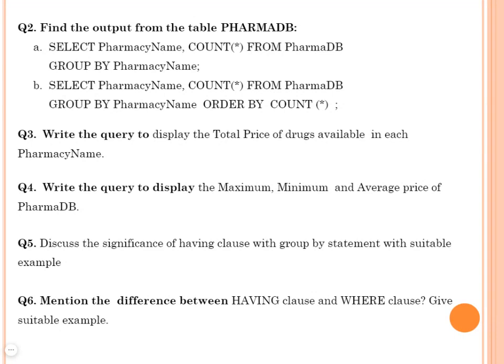Write the query to display the maximum, minimum and average price of PharmaDB. Fifth one is discuss the significance of the HAVING clause with the GROUP BY statement and give a suitable example. Mention the difference between the HAVING clause and the WHERE clause. Give a suitable example in the sixth question.